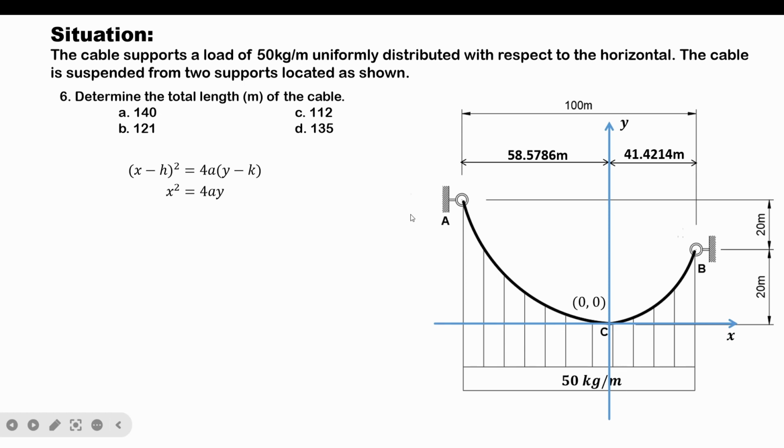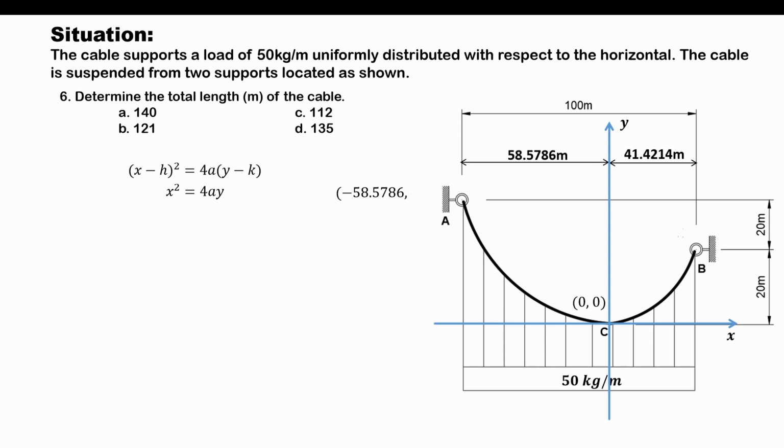So let's first determine the coordinates of point A. If you look at the figure here, point A is on the left side of the y-axis. So the x-coordinate of A here would be negative, having a magnitude of 58.5786.